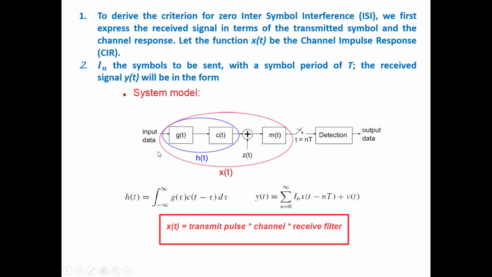Since the input bits will be modulated onto this whole composite signal x(t), we can represent y(t) equal to the sum of I_n x(t minus nT) plus v(t). v(t) is actually the noise part. Is that clear? Because x(t) is basically the convolution of transmit pulse, channel, and receive filter.